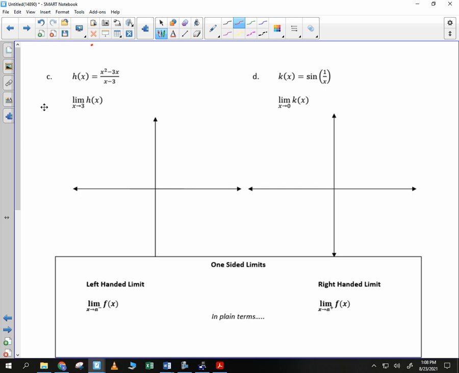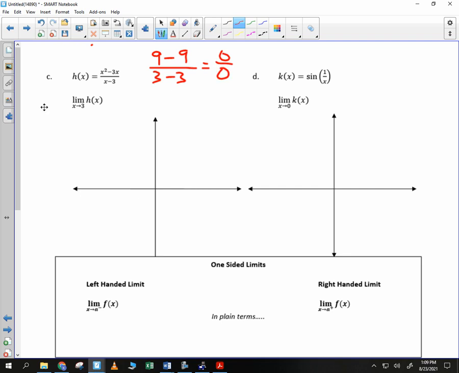Okay, h of x is x squared minus 3x over x minus 3. Watch what happens if we plug in, what is the value that we're approaching? We're approaching 3, so let's see what happens when we plug in 3. You get 9 minus 9 over 3 minus 3, which means we get 0 over 0.